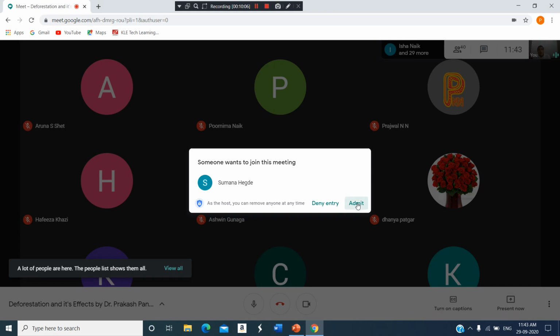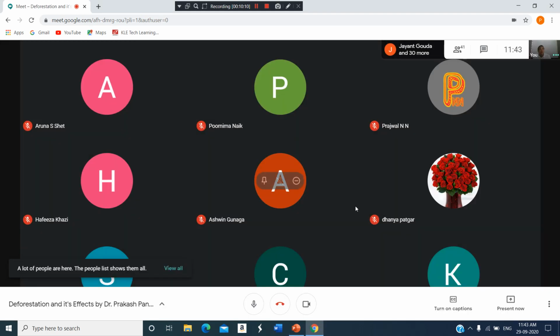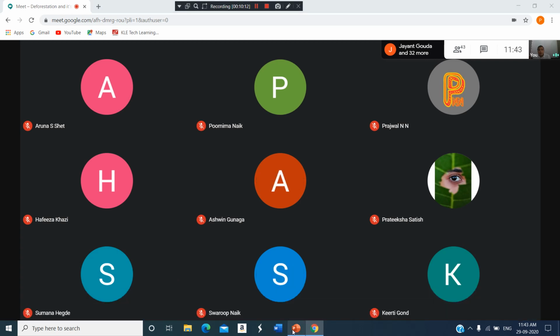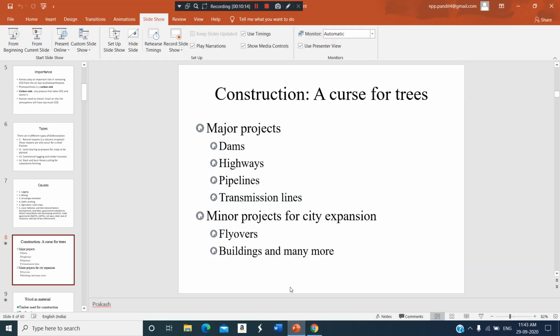Fortunately, in Devimane Ghat and Mangal Ghat, there is a good lot of woodland that has been spared, in spite of that, 5,000 trees will be cut. Also when putting in pipelines and electric transmission lines, because below the power lines you do not allow the forest to grow. Then city expansion, flyovers, buildings, and many more causes.